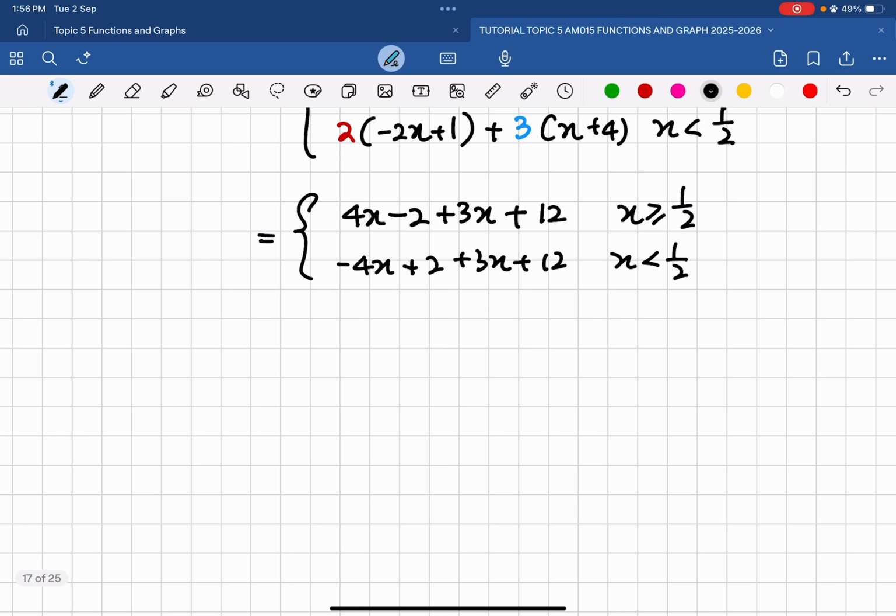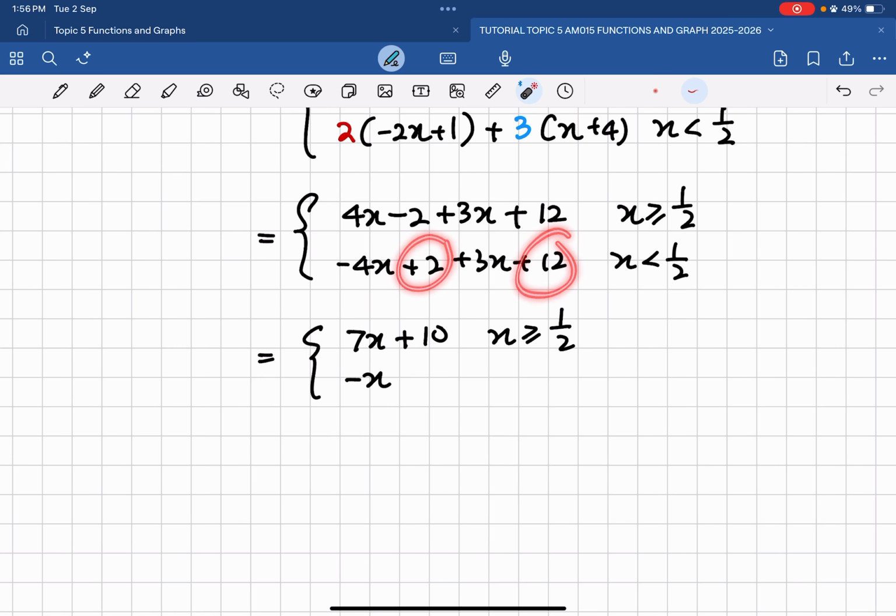Let us simplify some more. 4x plus 3x is 7x. Negative 2 plus 12 is positive 10, for x greater than or equal to 1 over 2. Negative 4x plus 3x is negative x. 2 plus 12 is 14, for x less than 1 over 2.